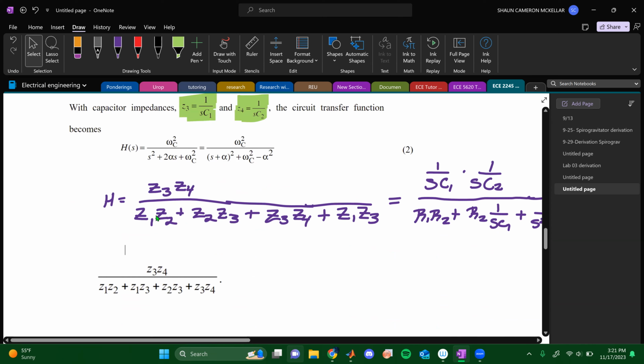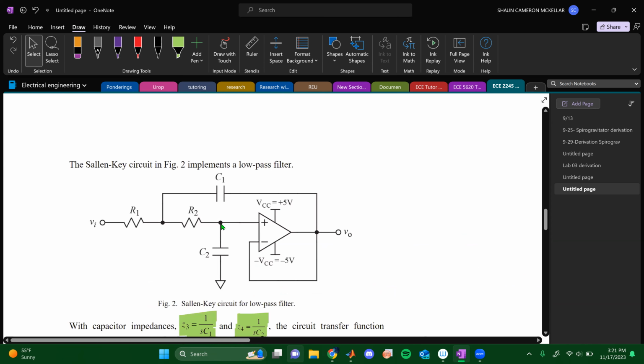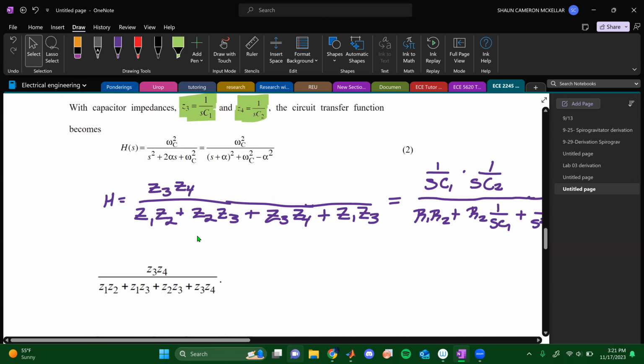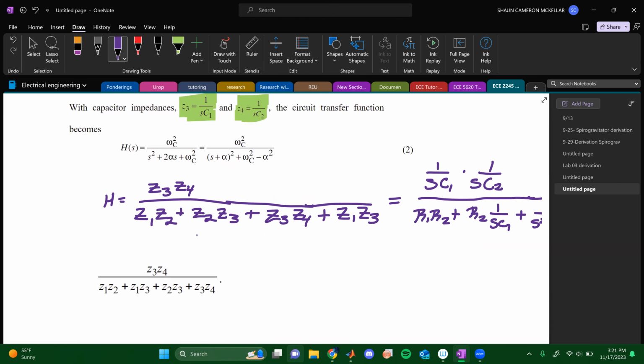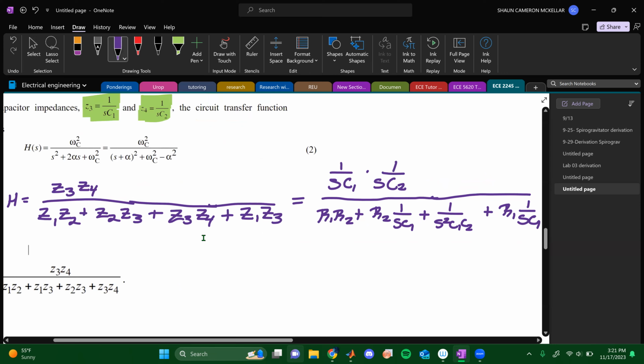And notice the denominator is sort of like the sum of a bunch of these things added up. The numerator just contains components 3 and 4, which are the only components directly connected to this node. So it's kind of cool to point out that there might be some deep mathematical intuition you could come up with to just write this output on the fly rather than using node voltage.